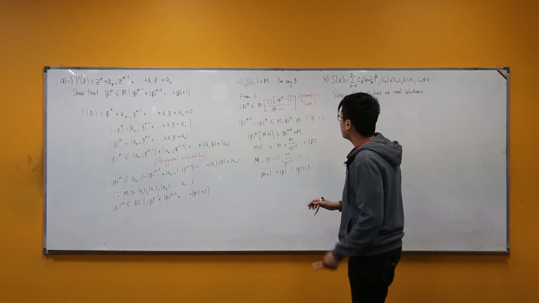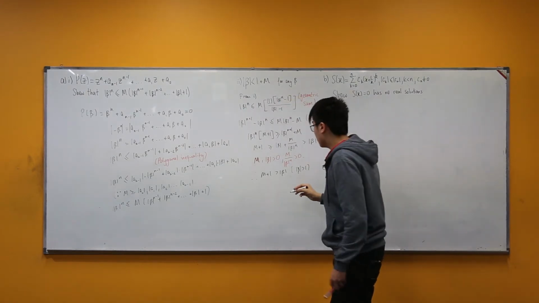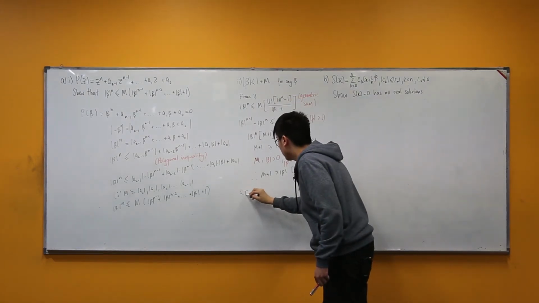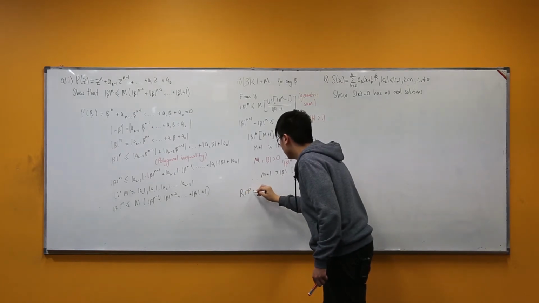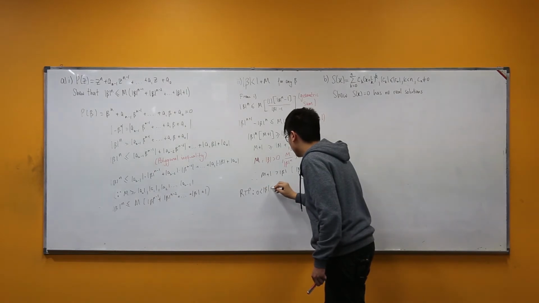So to finish this question, because this is true for any beta, we must prove that this is also true for beta greater than 0 and less than or equal to 1.